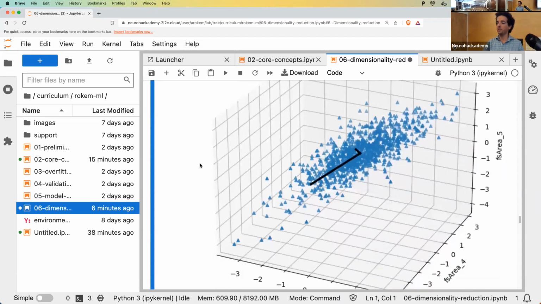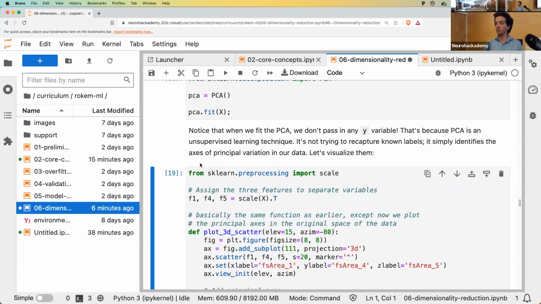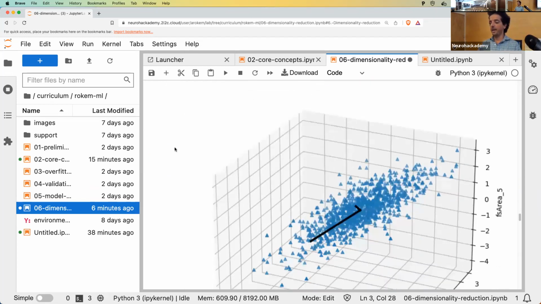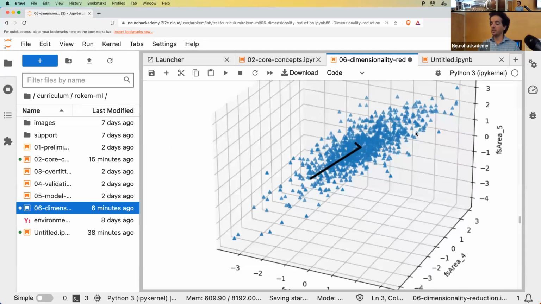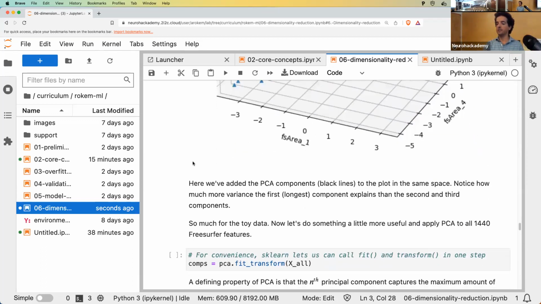It's a linear combination of all of the variables, but in this case we're really only doing the PCA on 3 of the original 1440 dimensions, and it explains a lot of the variance. The data is really distributed along this one linear combination. And then the second PC is this orthogonal dimension along which most of the residual variance lies.